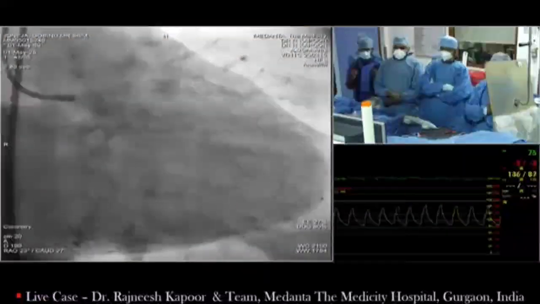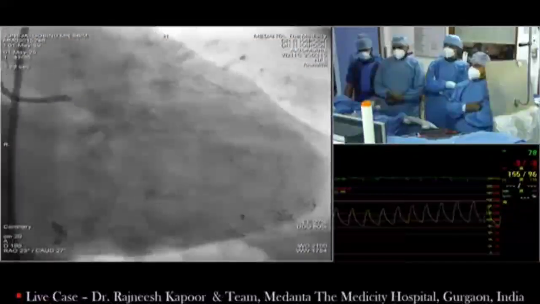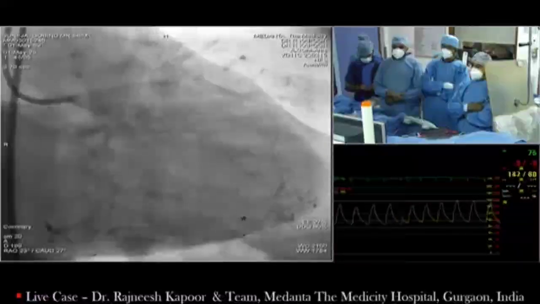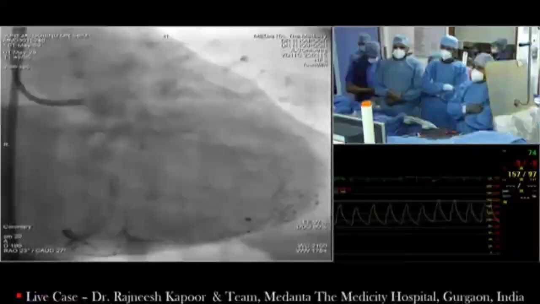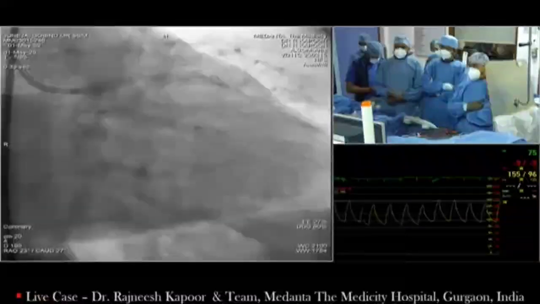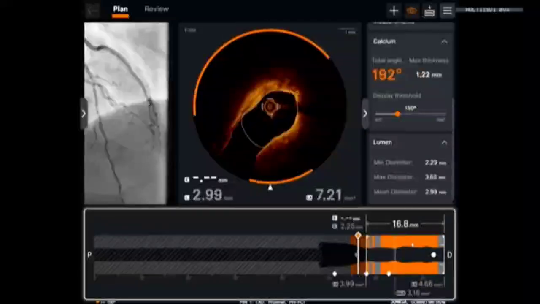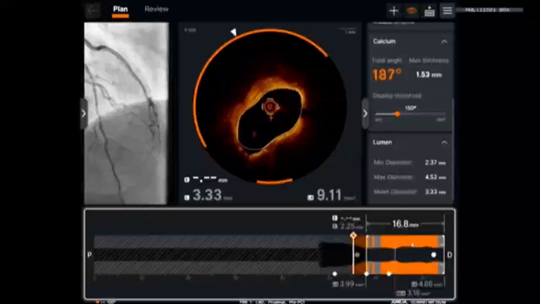Short and densely calcified LAD and diffuse long segment disease in the LAD, and then there is a high obtuse marginal coming from the circumflex, which is also ostially diseased and tight. So this is the ostium, there is a circumflex, and then left main.